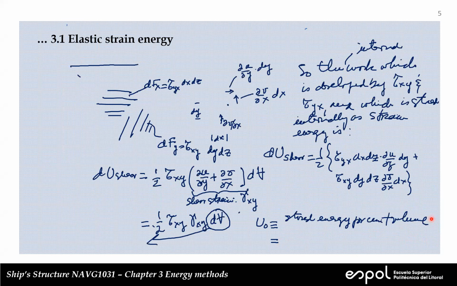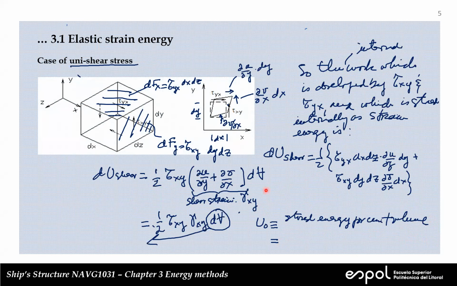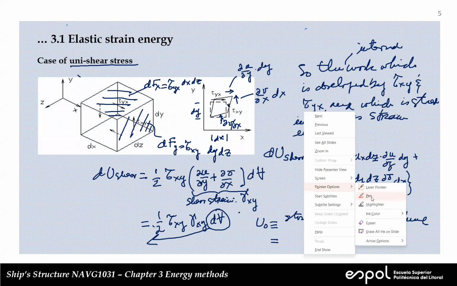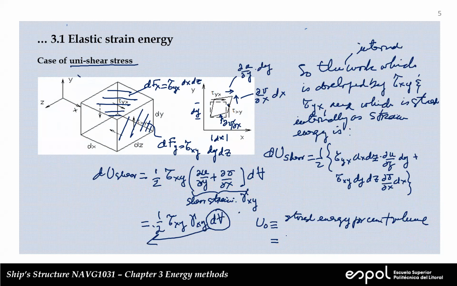Now I can take this volume and put it on the left-hand side, and I have only 1/2 tau and gamma. So I'm just going to write, for this case, 1/2 tau xy times gamma xy.